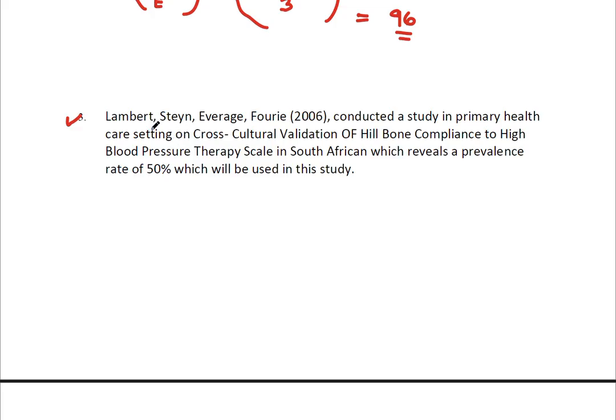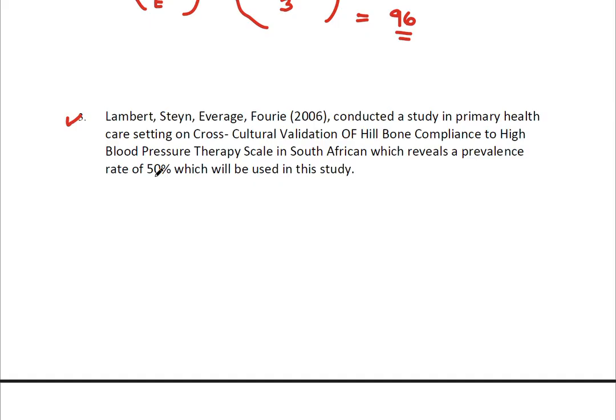In number 3, it says Lambert, Stein, Everidge, Forey, 2006 conducted a study in primary health care setting on cross-cultural validation of heel bone compliance to high blood pressure therapy scale in South Africa, which reveals a prevalence rate of 50%, which will be used in this study.